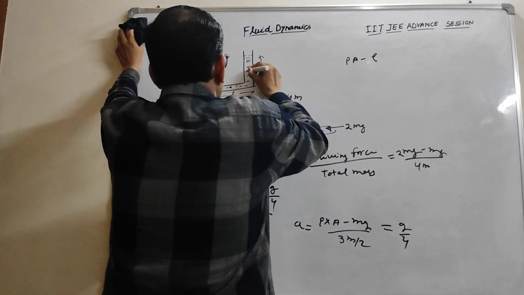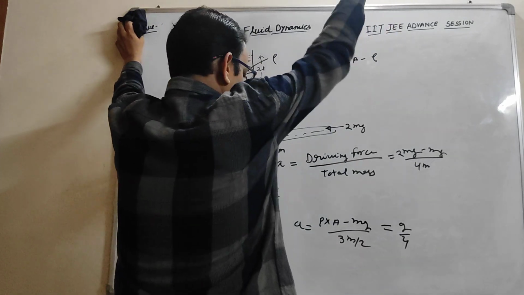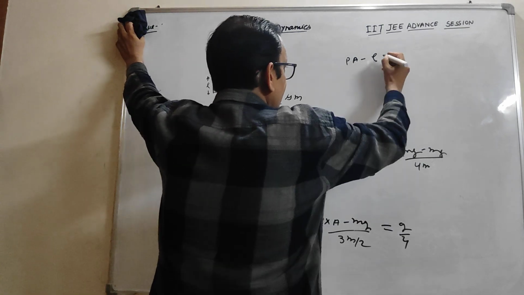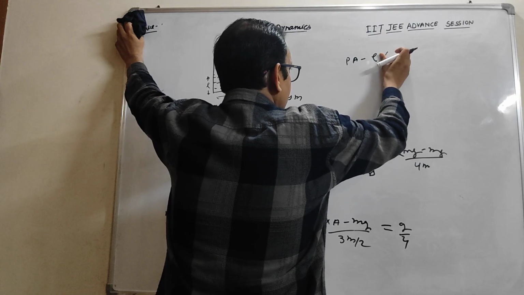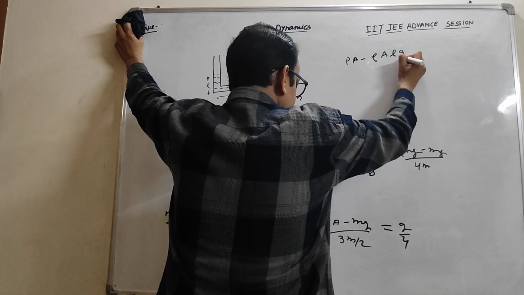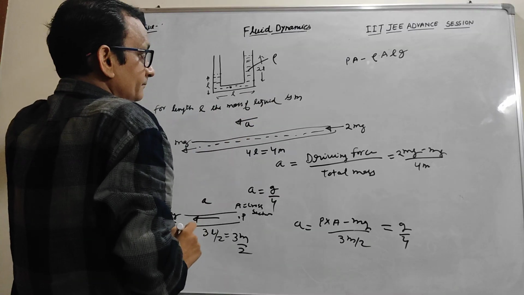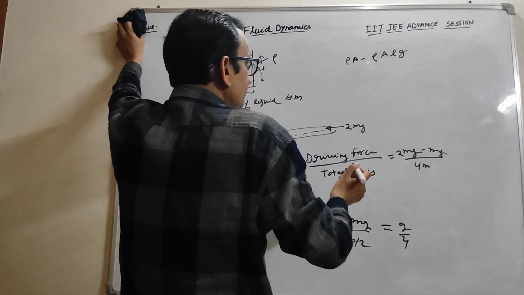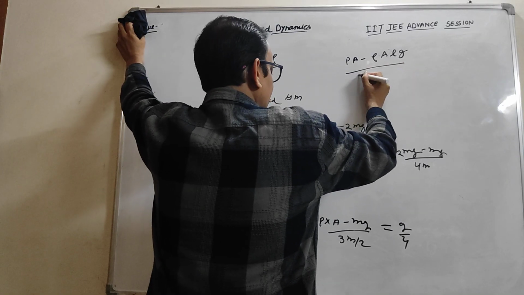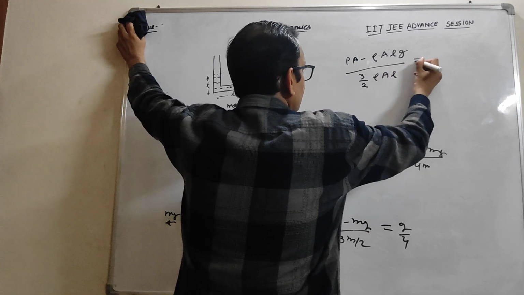Density is rho, given, and volume is A into L. We consider here for unit length the mass is M. So the length is L, upon 3 by 2 rho AL, equal to g by 4.